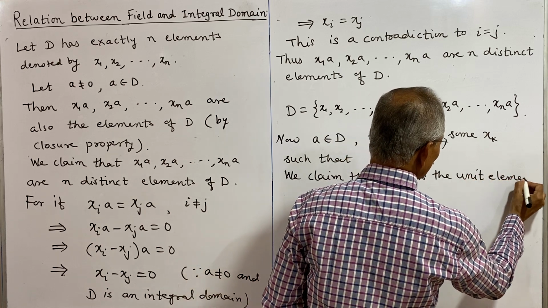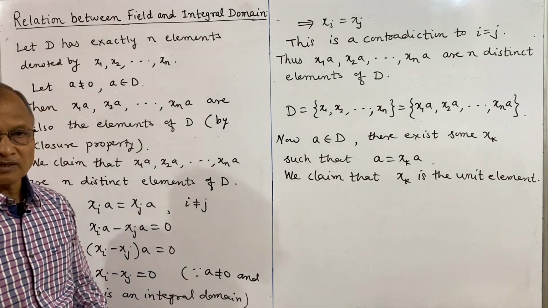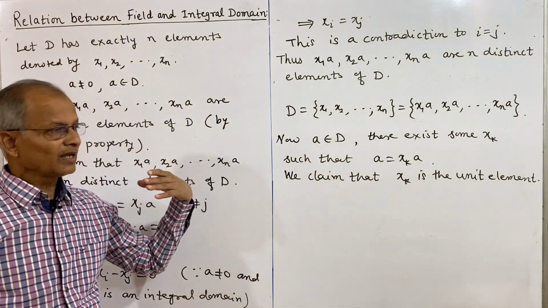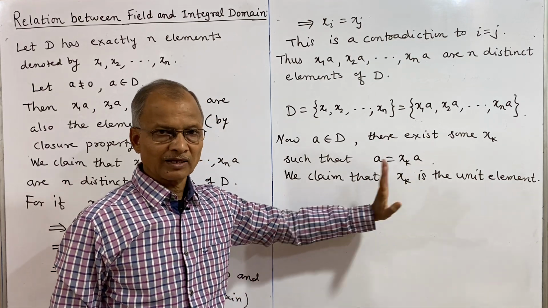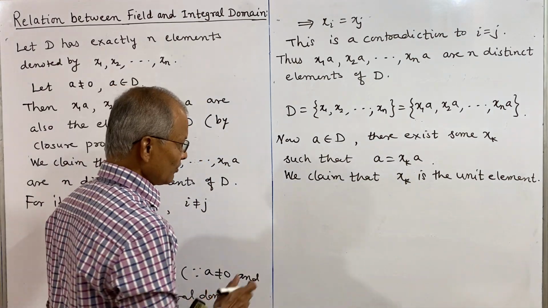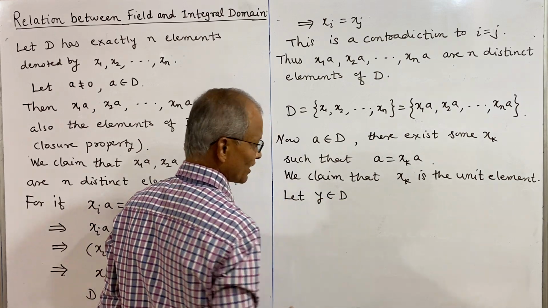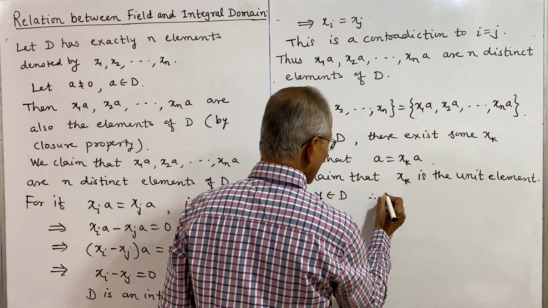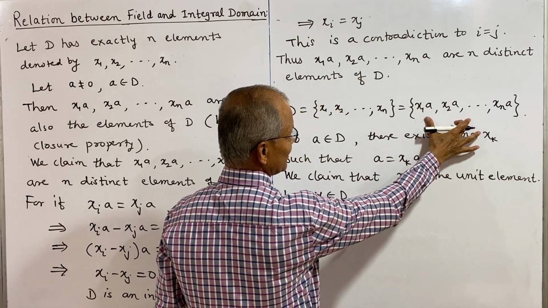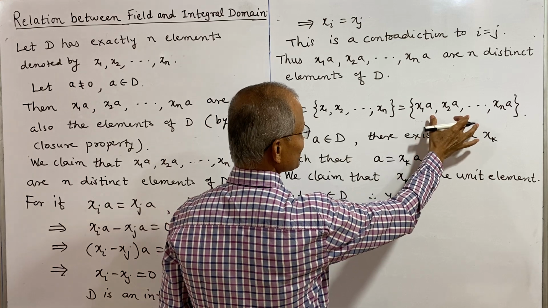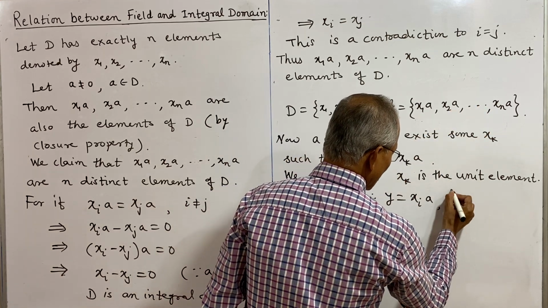Now how to prove it as unit element? By definition of unit element, suppose y is another element, and then we have to prove y into xk is equal to again y, then xk will be unit element. For that purpose let y belong to D. Therefore y is in D means in this set. We are considering now these elements. So y will be some xi into A for some xi.